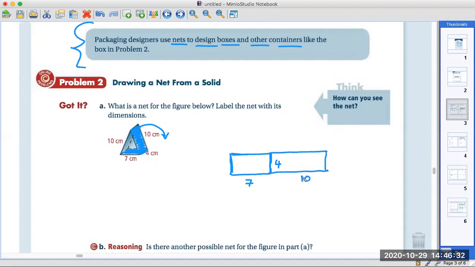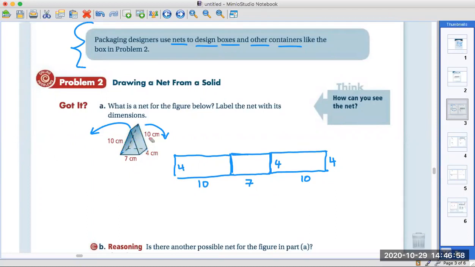So this is 10, this is the side here, but this part is still 4. And then on the other side, you can't see it all. You fold that out, that's the same, 10 by 4.